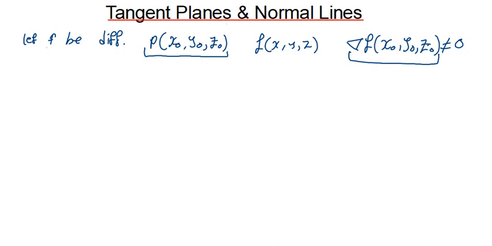I'll say that again. The plane that is through that point P, that is normal to what you have here, which is the gradient, the normal vector, is going to be called the tangent plane to that function at P.